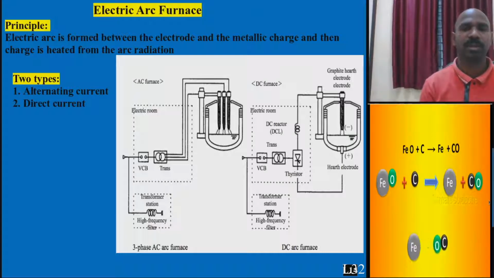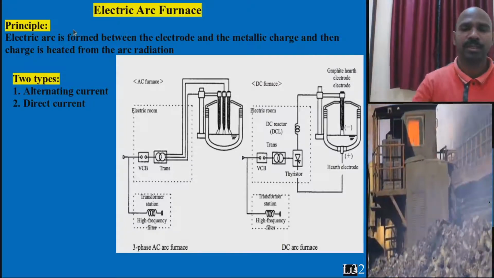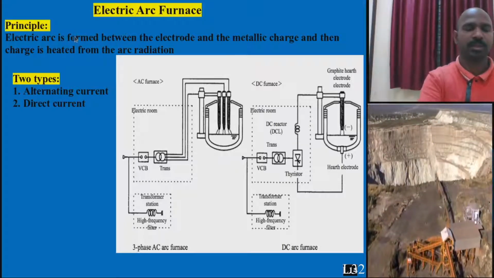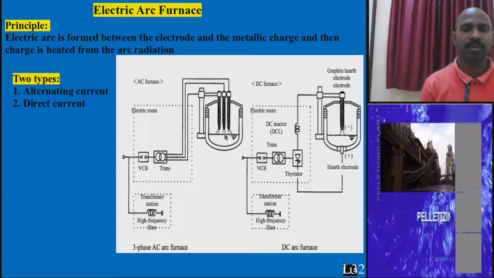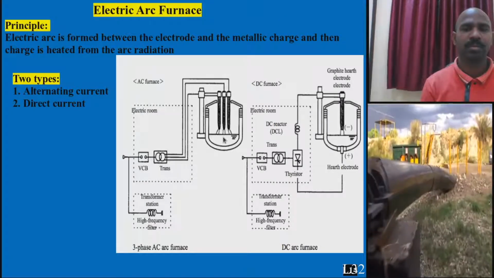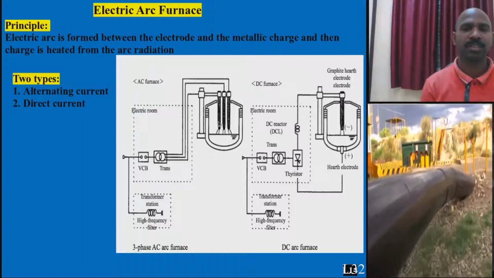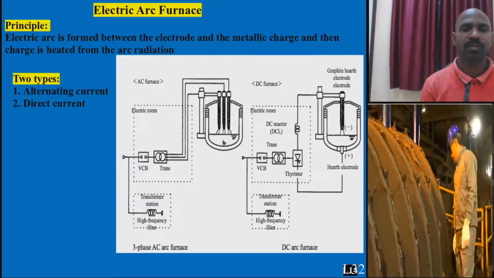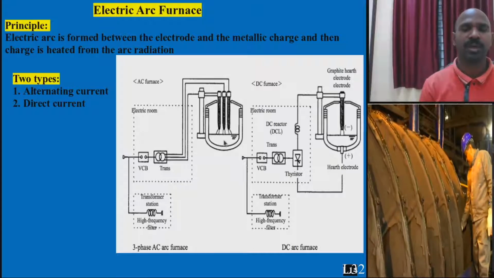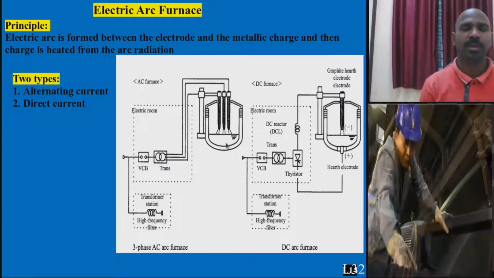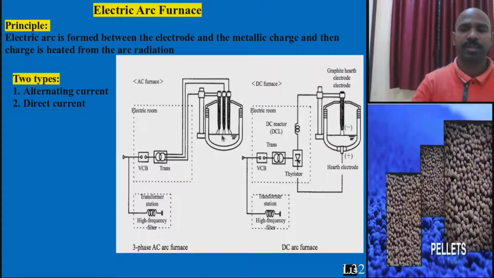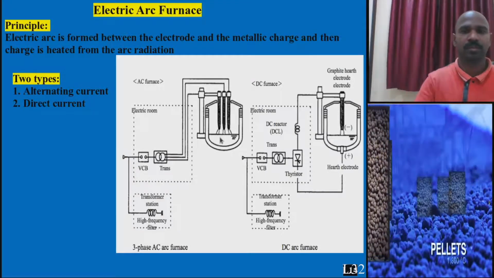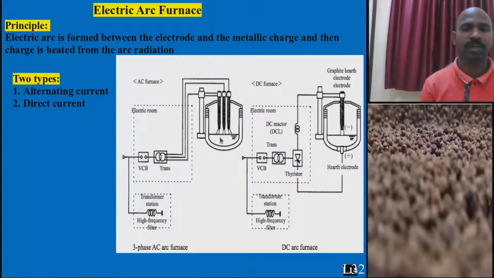Today I am going to talk about the principle mainly involved. An electric arc is allowed to form between the metal charge which was poured here and the electrode, so that electric arc radiation develops. The radiation slowly heats up, and that heat build-up rises to a temperature that melts the charge, such as steel.